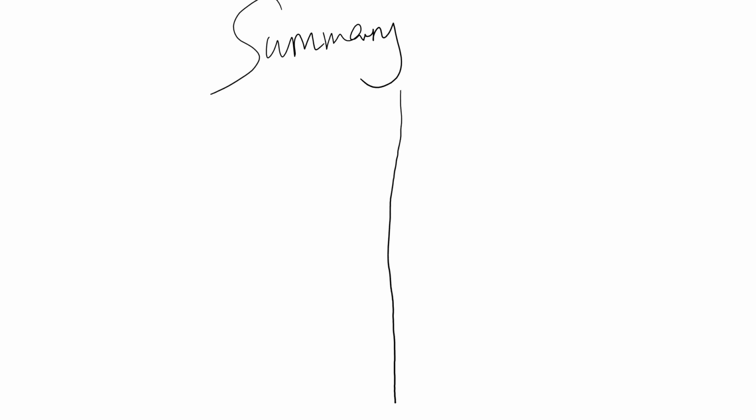Right, so let's do a summary of what we have learned so far. Okay, I'm going to have a divider and then another divider. All right, so we have learned the quadratic curve.